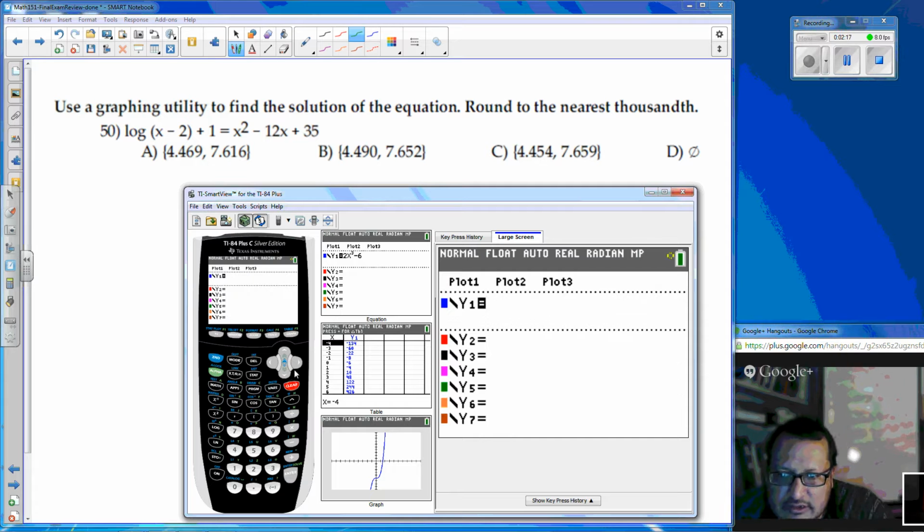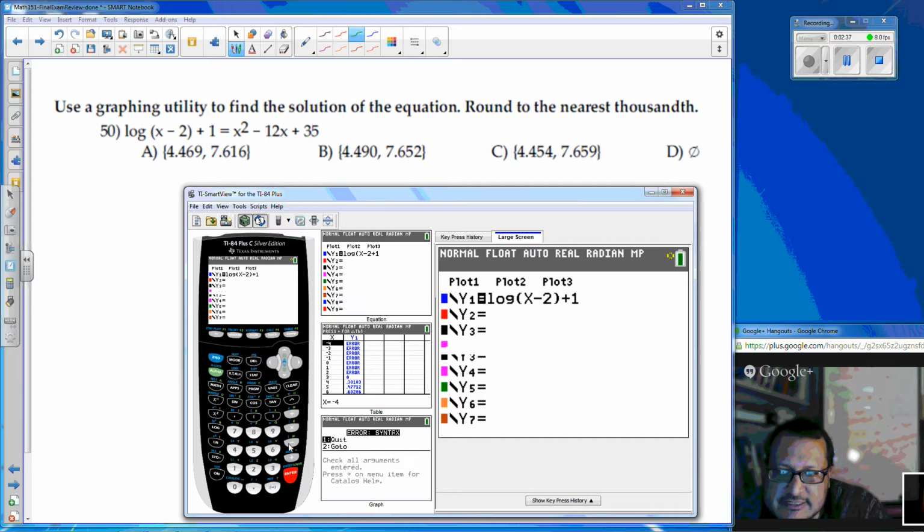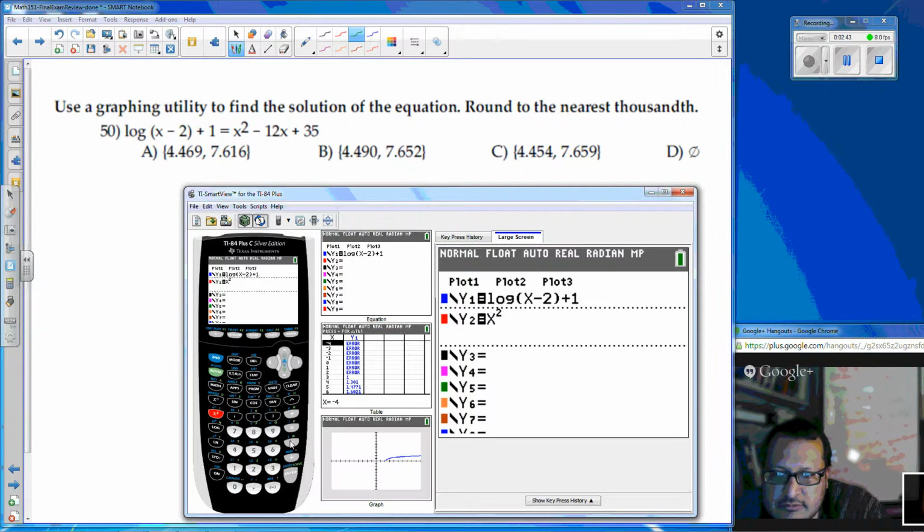So what we're going to do here is for the y1, we're going to use the left hand side. So that's log of (x minus 2) plus 1, and I forgot to close the parentheses, plus 1. The second equation is going to be the right hand side, so that's x squared minus 12x plus 35.